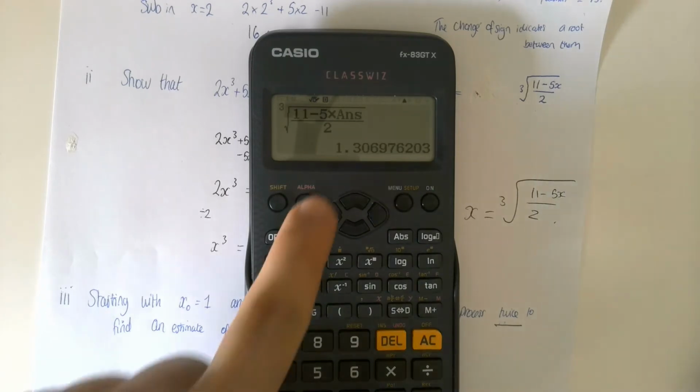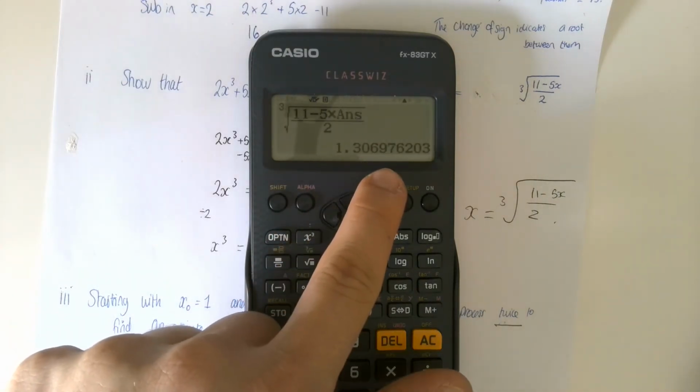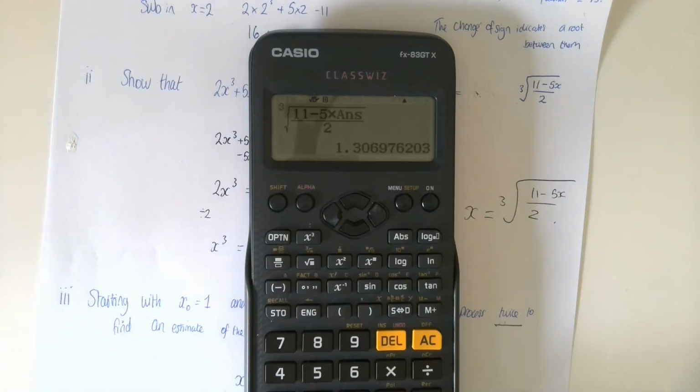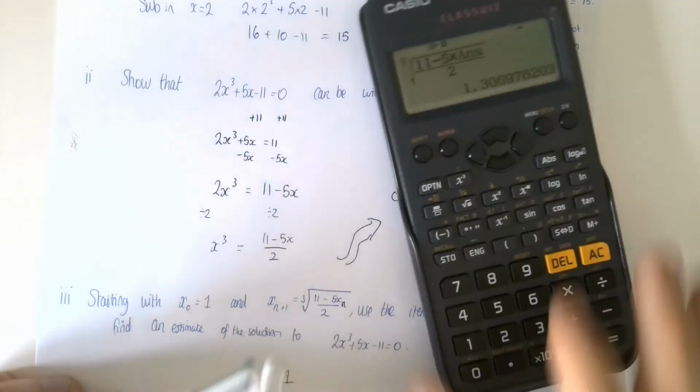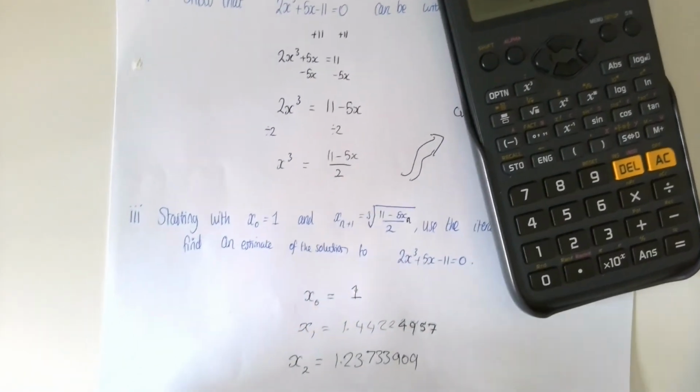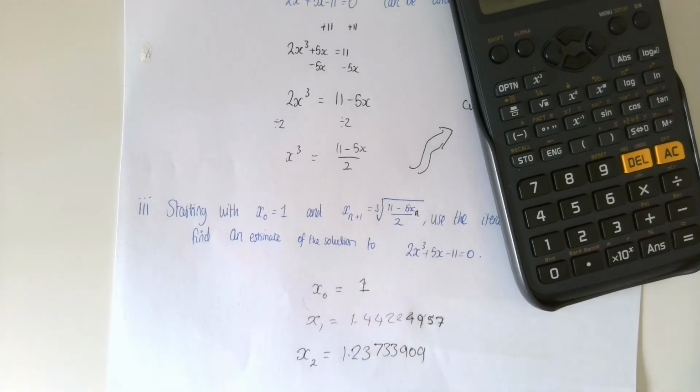If we look at the screen here, I've pressed equals and it's not changed, because the changes are so tiny it won't even register on the calculator. So the actual solution is going to be something like 1.3069. My iterative process got me to 1.23. Whilst it's not dead on, it's a good enough estimate for what the question wants.